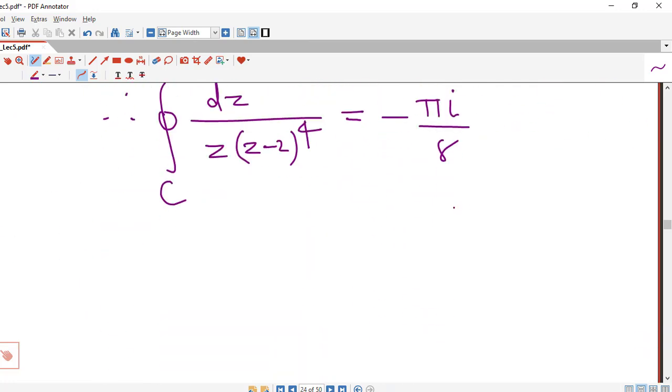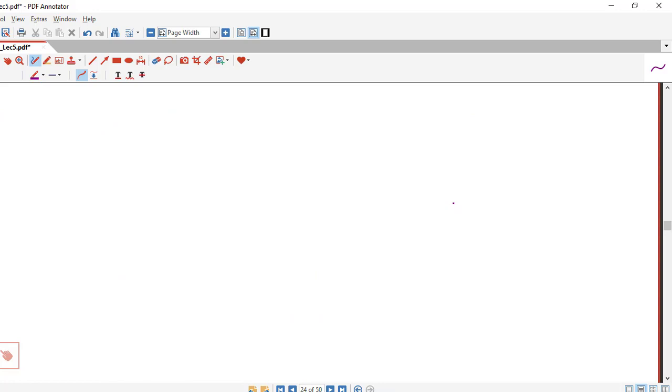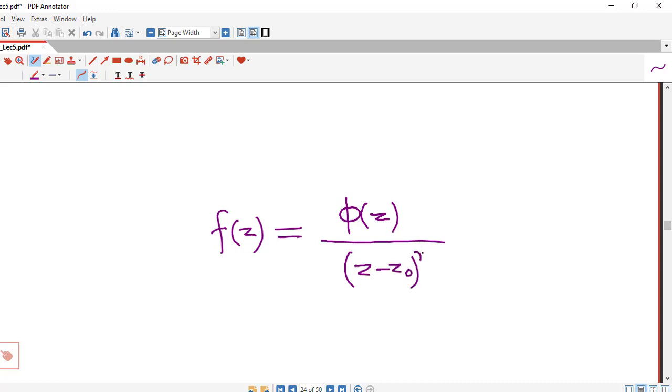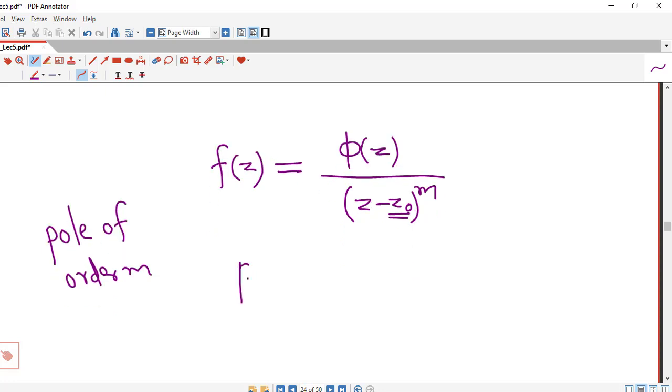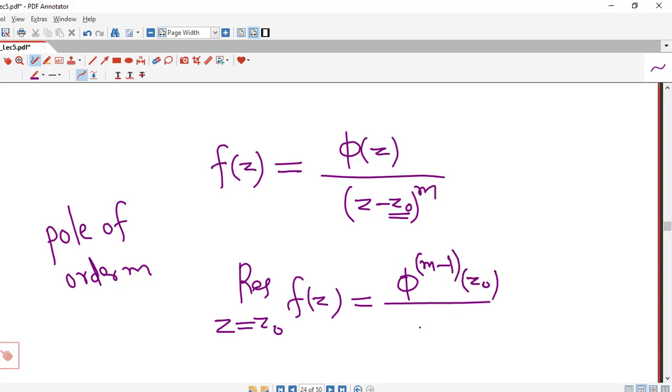So here we have to remember Cauchy's residue theorem. Also we have to remember this result: if f of z can be written as phi of z over z minus z0 to the power m, then f of z has a pole of order m at this point z0, and the residue of f of z at z equal to z0 will be equal to the value of the m minus 1th derivative of phi at z0 divided by m minus 1 factorial.